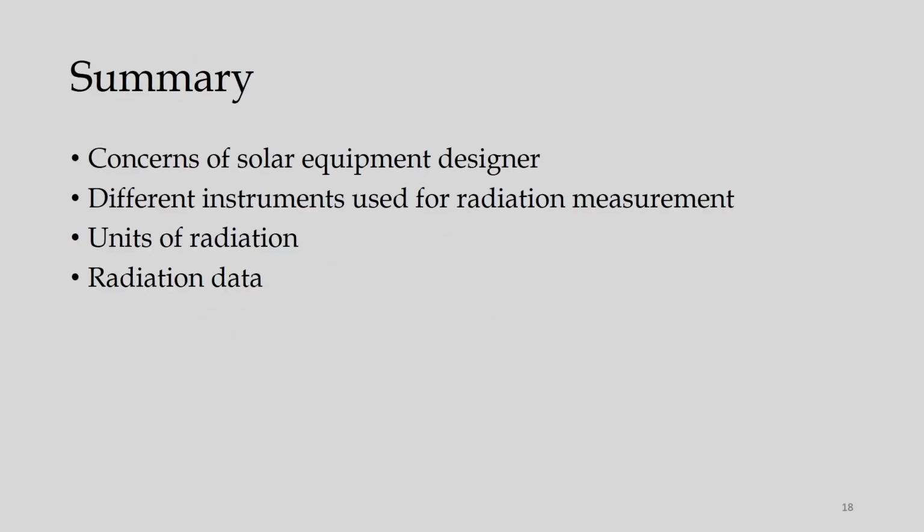Now, coming to the summary of this lecture. Today we have learned about the different instruments used for measurement of solar radiation. The pyrheliometer is used for normal or direct radiation, and the pyranometer is used for diffuse and global radiation.